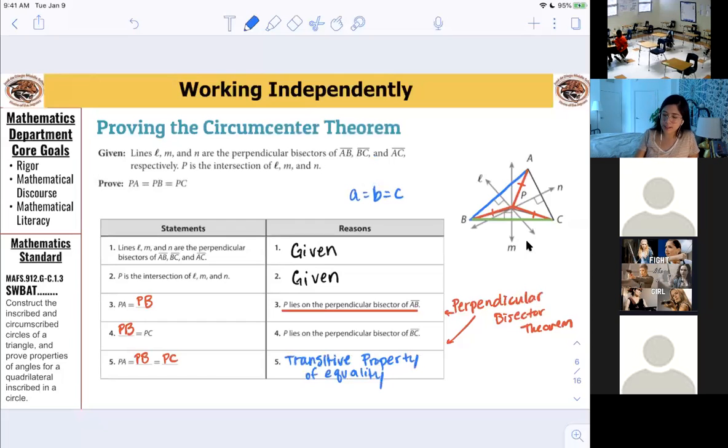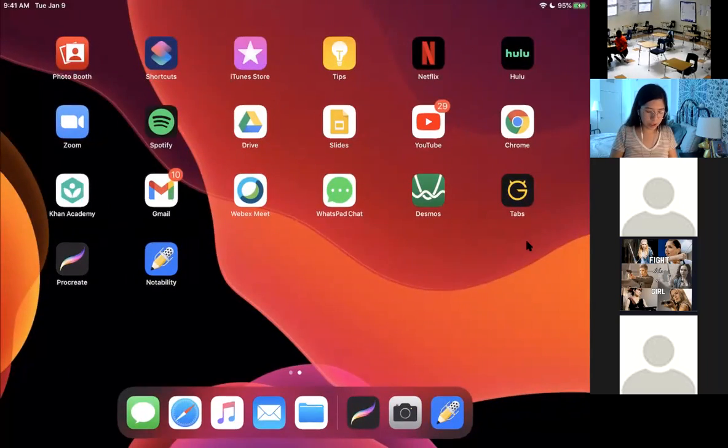Okay. So like I said, we're going to do the construction now. Go ahead and take out your protractor and your compass while I set up. We're going to do this twice.